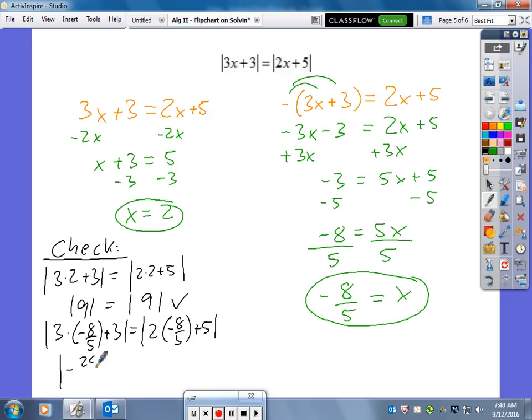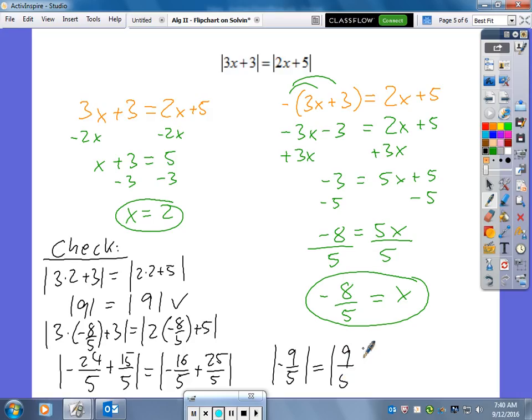So we got negative 24/5 plus 15/5 is equal to the absolute value of negative 16/5 plus 25/5. That means the absolute value of negative 9/5 is equal to the absolute value of 9/5. And as we know, that's exactly what absolute value bars do. Both absolute values are positive, so the second solution checks out as well.